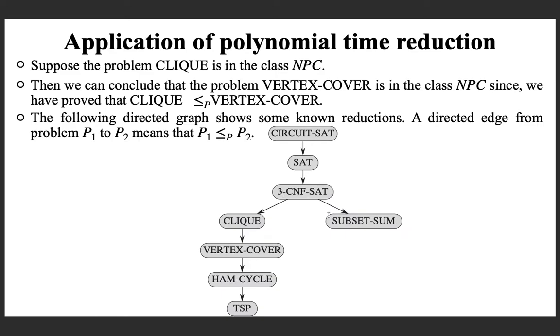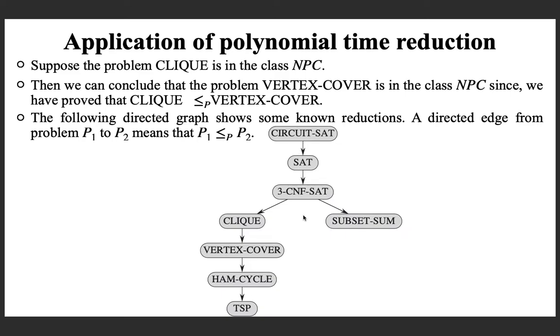Then 3CNF can be reduced to subset sum. There is a reduction from 3CNF satisfiability to clique, clique to vertex cover, vertex cover to Hamiltonian cycle, and Hamiltonian cycle to traveling salesman problem.